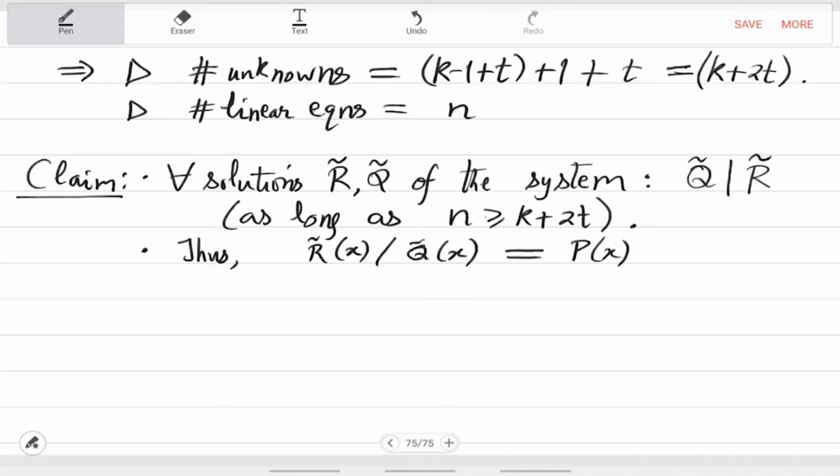So basically what Bob will do is find an arbitrary solution of the system and then compute the quotient R tilde by Q tilde. That will be the original message. Okay. And we will see that this will be a very robust way to interpolate, even in the presence of t many errors where t will be quite large. So the errors are dense, but still this interpolation is robust. Okay, it will give you P.